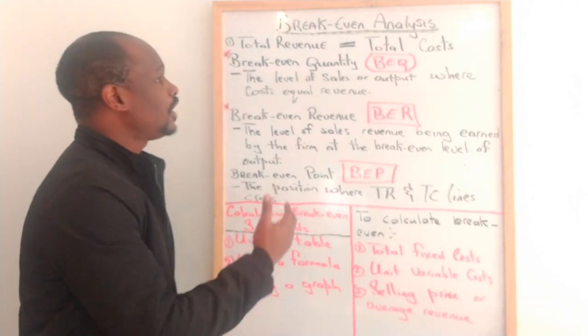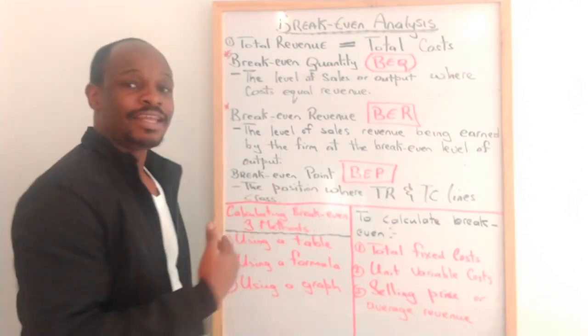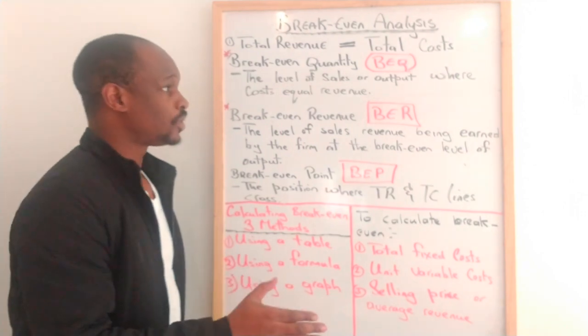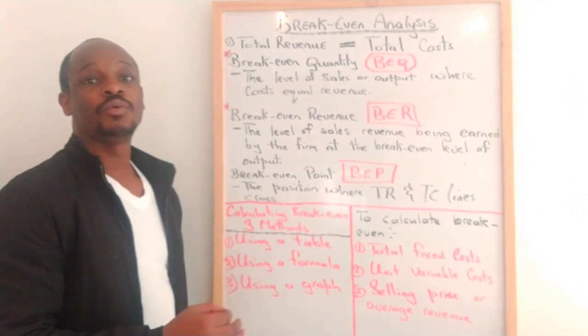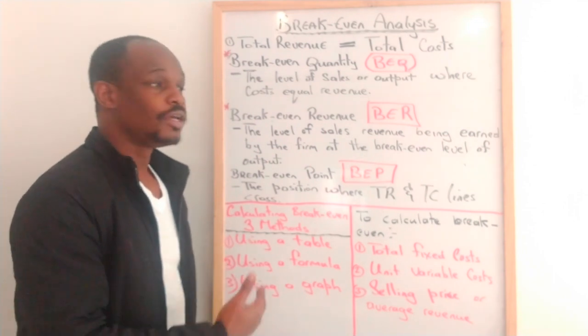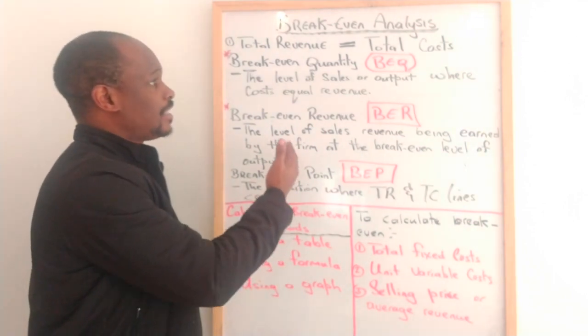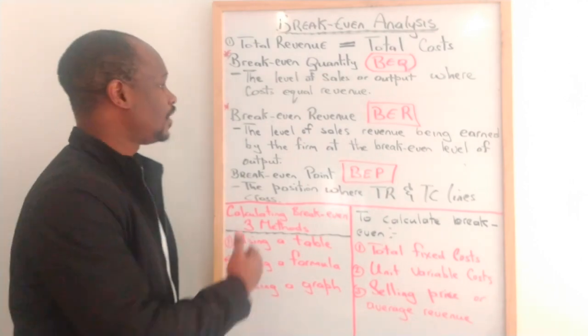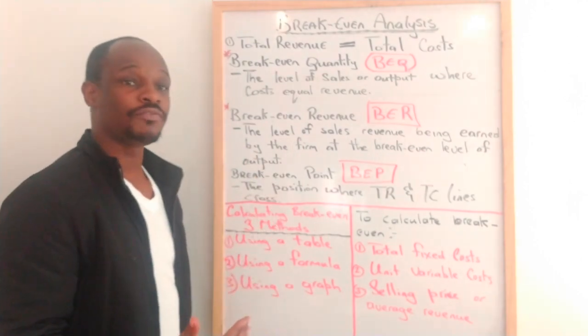The break-even quantity is the level of sales or output where the costs equal the revenue. Here we're looking at units, as the word suggests. It's about quantity.